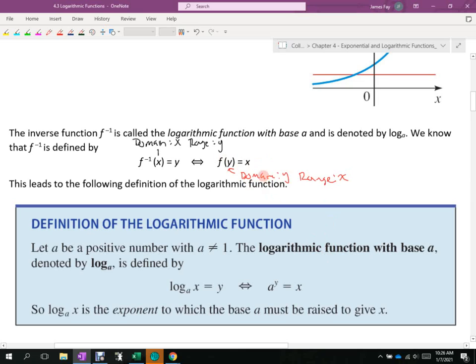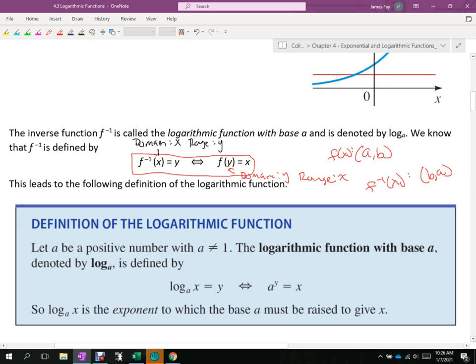Isn't that exactly what we've talked about with inverses? If I have the point (a, b) on f of x, then on f inverse of x we should have what? (b, a). This is the rule of what inverses do.